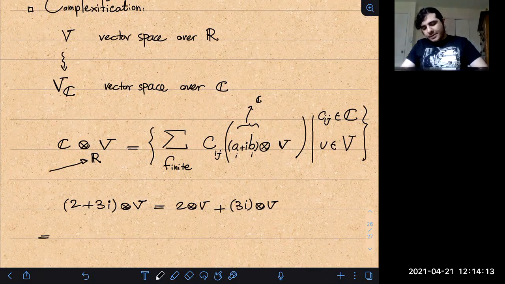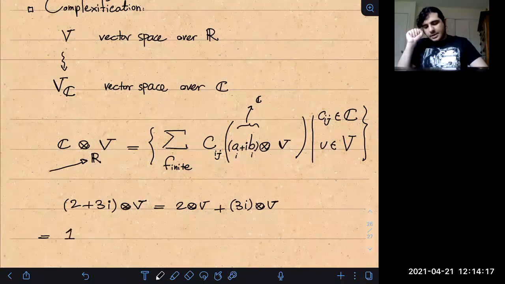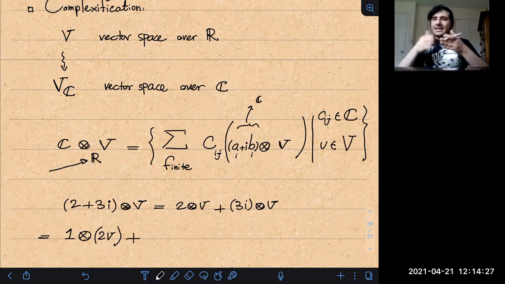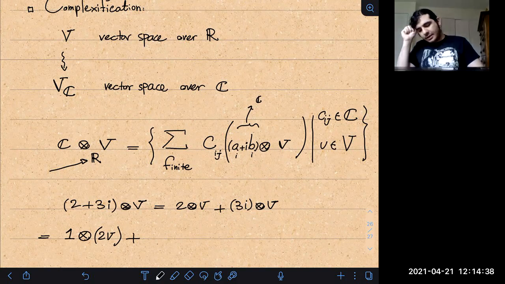So 2 times V, 2 is allowed to go to the other side, and if it goes, we would get 1 tensor 2V, right? 1 tensor 2V plus. Look at the second term, 3i tensor V. 3 can go to the other side, but i, the complex number, cannot go to the other side. So we would get i tensor 3V.